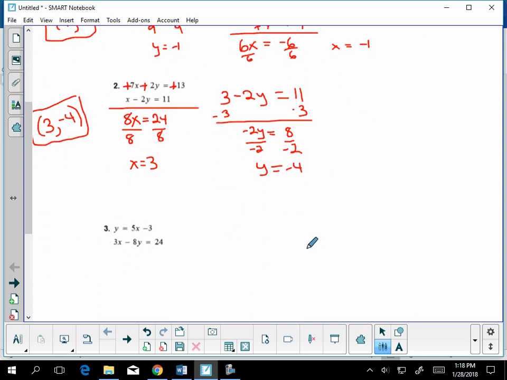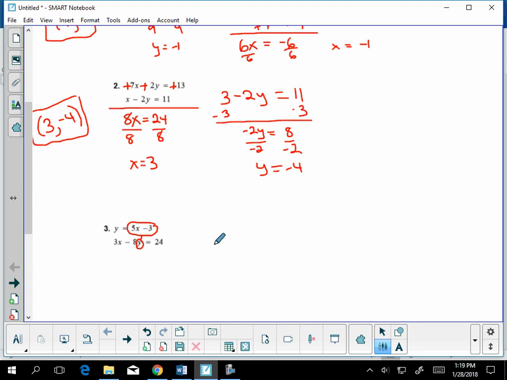All right, on number 3, what jumps out at me right away is I have one of those variables solved for. I have y equals. As soon as you see one of those variables solved for, you should probably think substitution. So I know what y equals. y equals 5x minus 3. So I'm going to substitute it in right there.